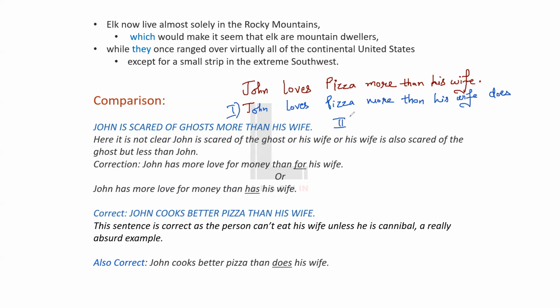The second interpretation is that John loves pizza more than he loves his wife. Which interpretation is correct? First or the second one?